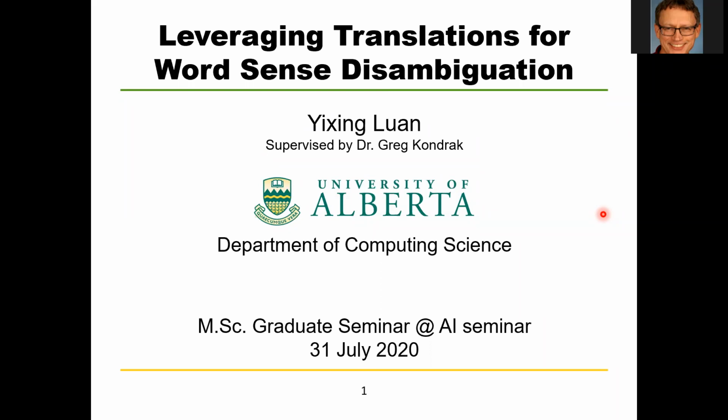So the topic of his project is word sense disambiguation. This is something that we are very interested in: basically finding out the sense of a word as it is in context. Many words have different senses, and we want to be able to write programs that can figure out the sense of the word from its context.